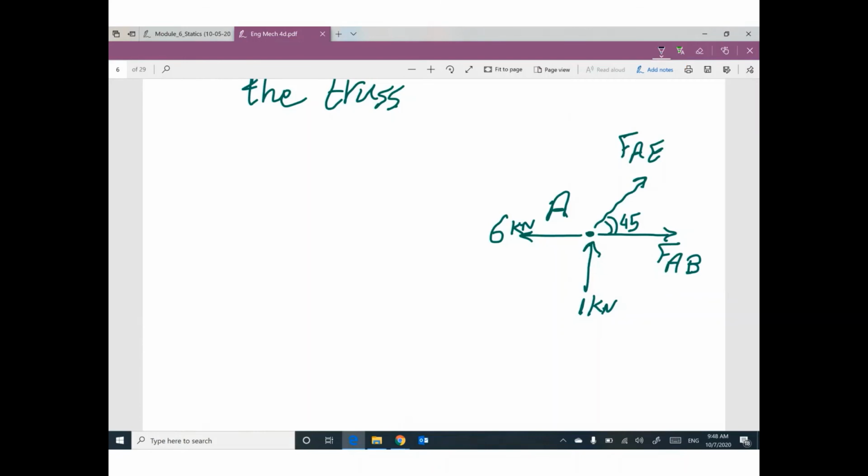Summation Fx equals 0. What do you have in the x-axis? We have positive FAB, this one. We have negative 6. We have positive FAE cosine 45 degrees. Do you agree?